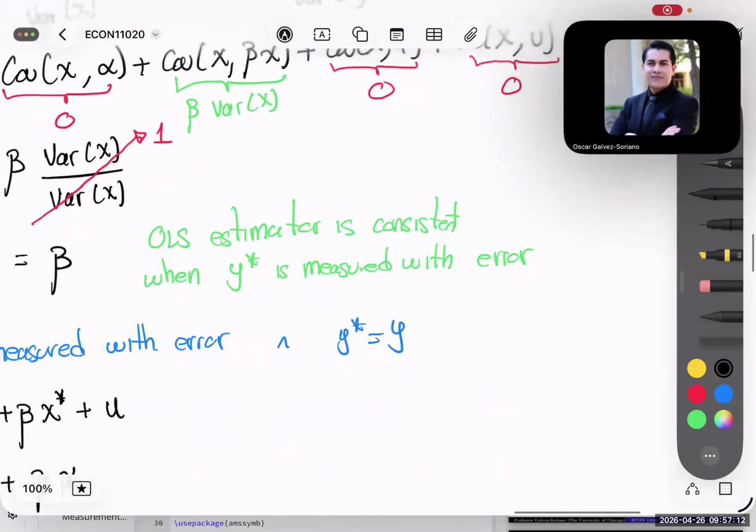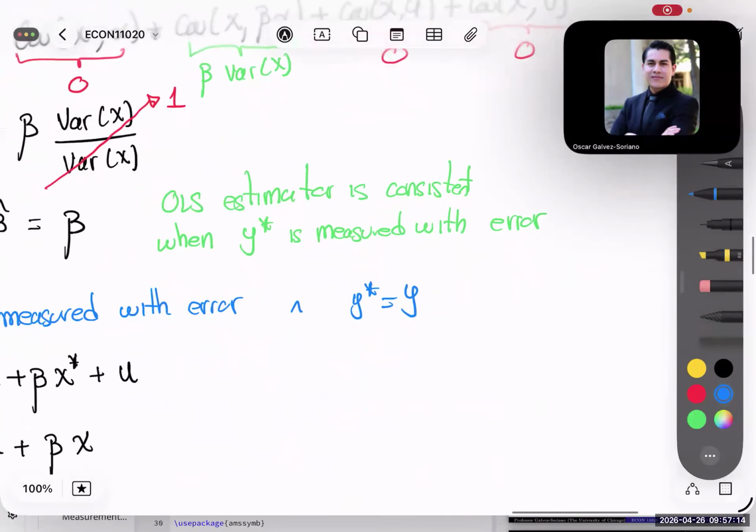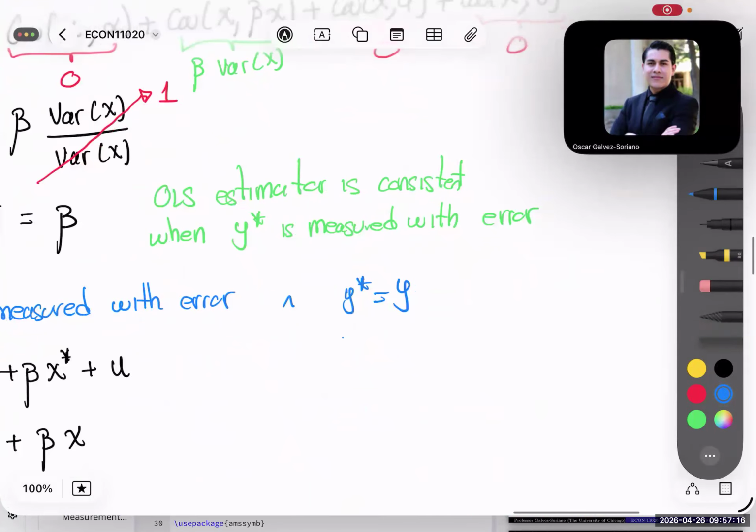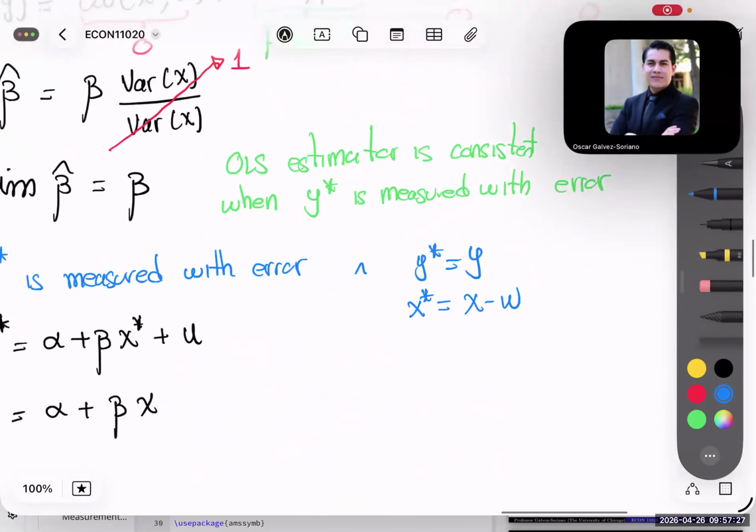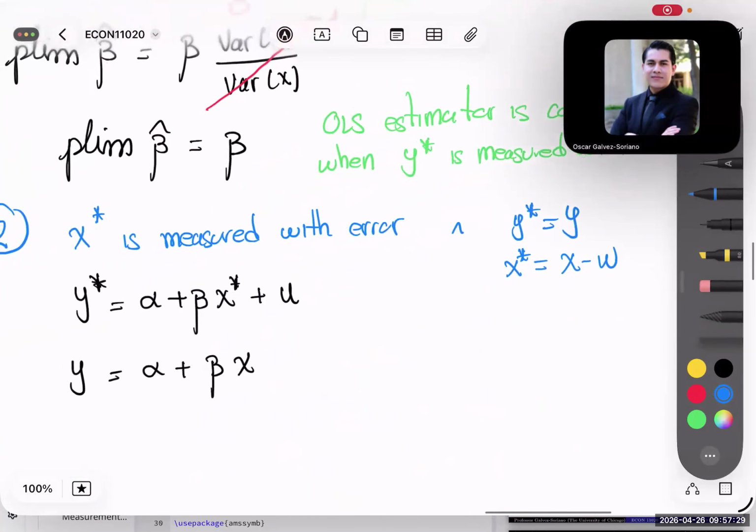If it is x star plus w, then it has to be the case that x star is x minus w. I just solved for x star.